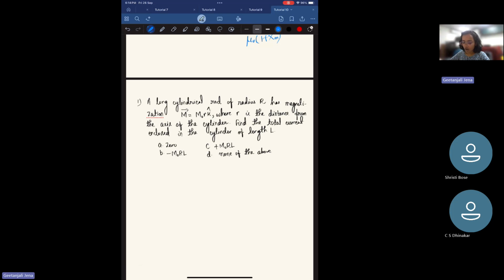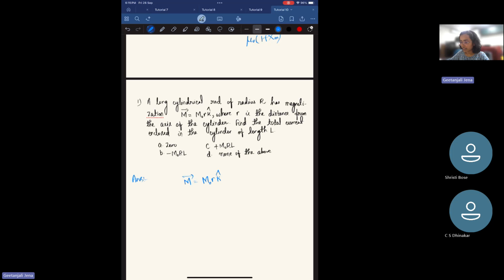There is a long cylindrical rod of radius R with a magnetization M. It is given by M equals M0 R k hat, phi hat, where R is the distance from the axis of the cylinder.